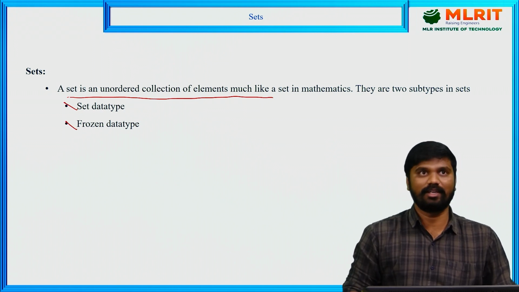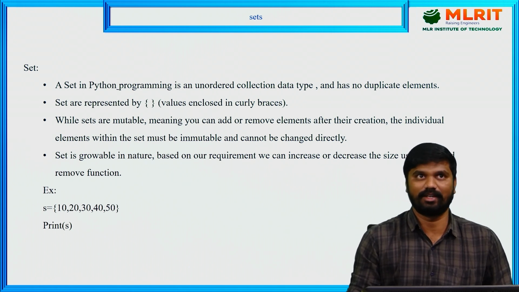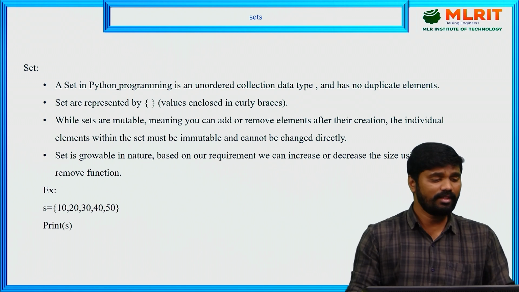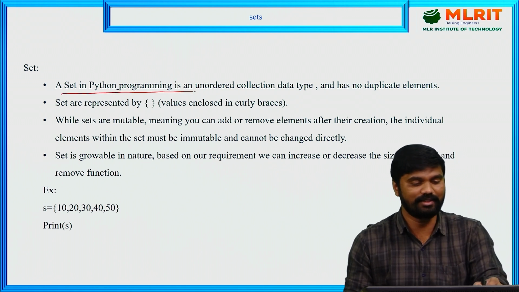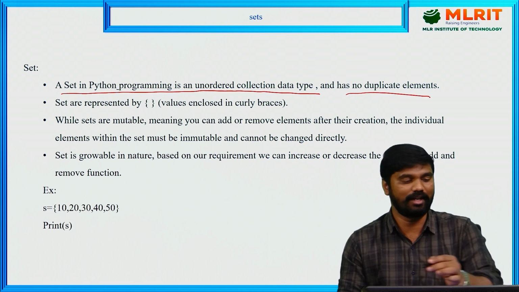First, the set data type. What is the set data type, and when are we going to use it? A set in Python is an unordered collection data type and has no duplicate elements.